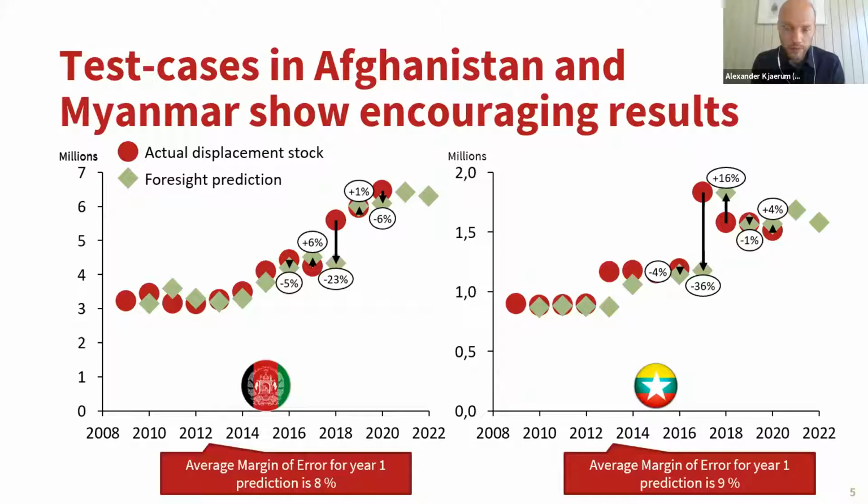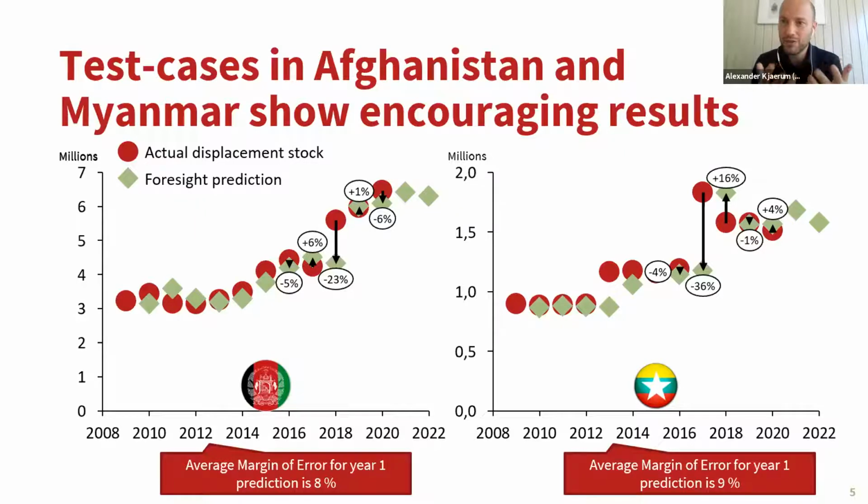But we also noticed two key limitations in this approach, and I think especially highlighted in the Myanmar model. One aspect is that the model has a hard time predicting unprecedented events. And this, of course, goes to the methodology: when you base your model on historical patterns and relationships, the ability to predict or forecast something that hasn't happened before is very difficult for these types of models.